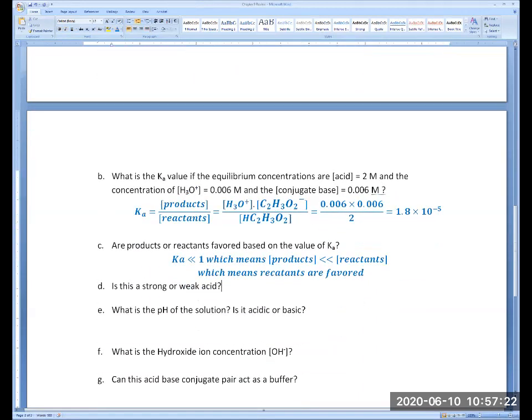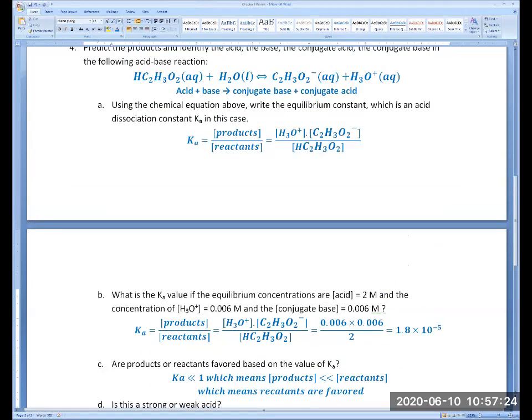Would be nice to have it. So reactants are favored here. That means the acetic acid and the water are favored and in larger concentration. And this is confirmed by the concentrations. If you look here, the acid has a concentration of 2 molar. And the conjugate base only 0.06 molar. So it shows you how, yes, we have much more reactant than product.